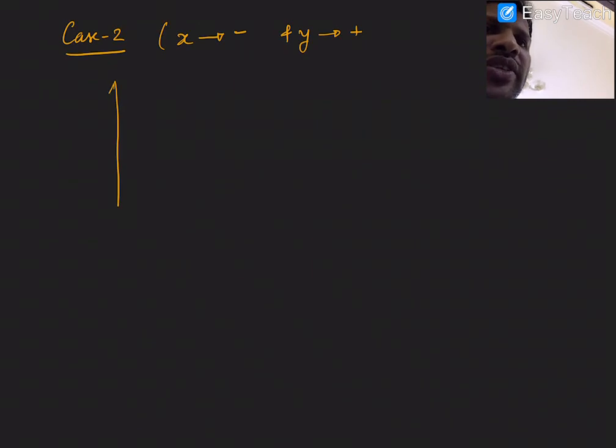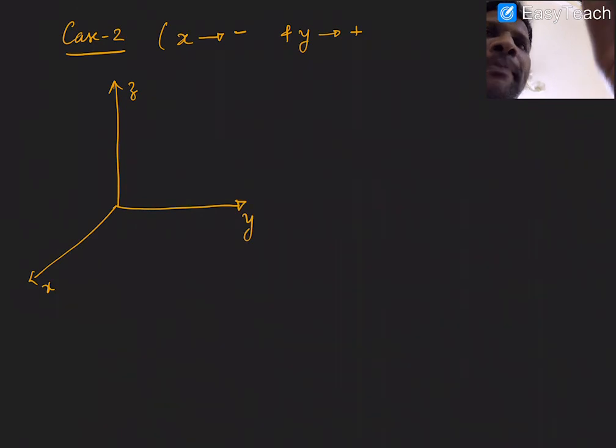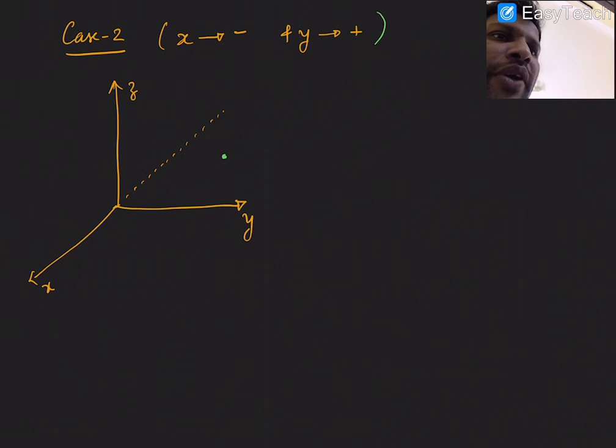Now you see case 2, we will consider x as negative and y as positive. So let us consider x and y. Now we will see the point. Let's say this is the point. I will first show the minus x direction. So this is the minus x direction. Now this is the point with x equal to minus 1, y equal to 1.